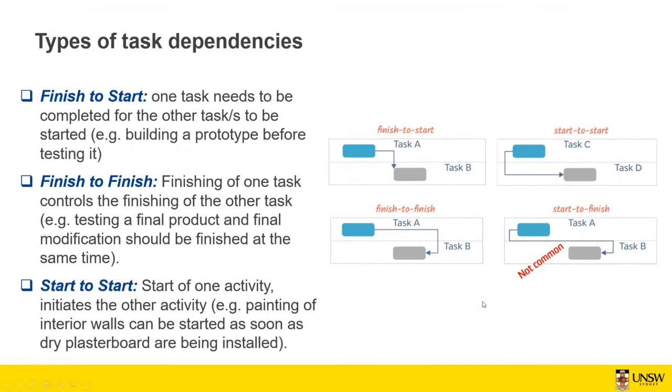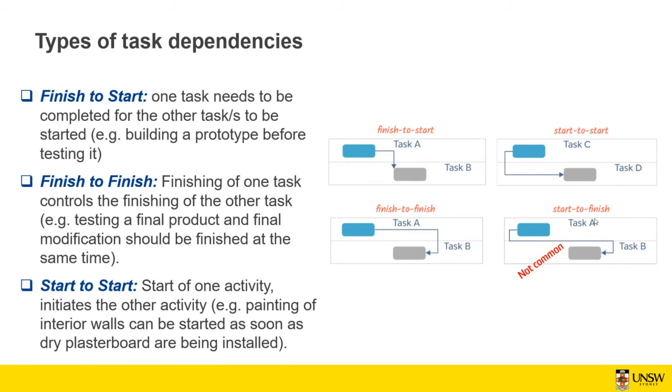Another task dependency, which is not common, is start to finish, which means that one task needs to start before another task can finish. One example is shift work: the person in the second shift needs to start his work before the person in the first shift finishes his work.